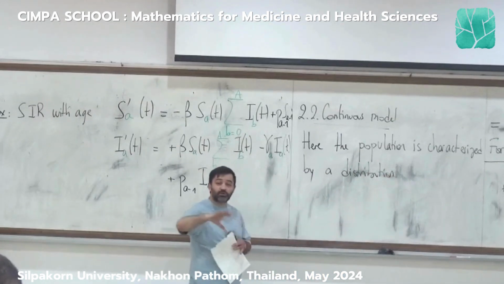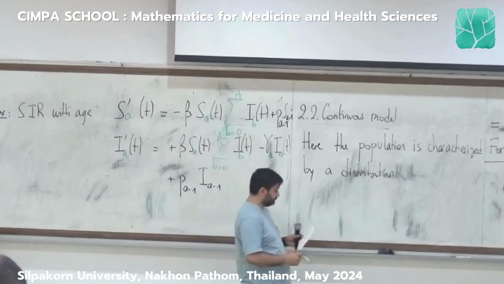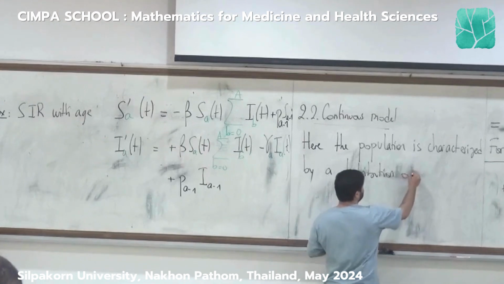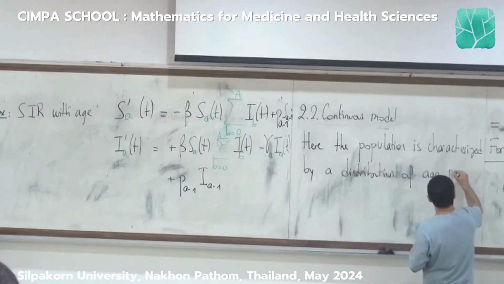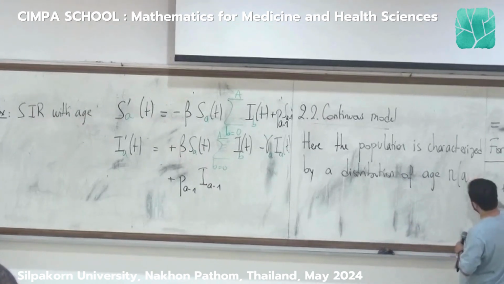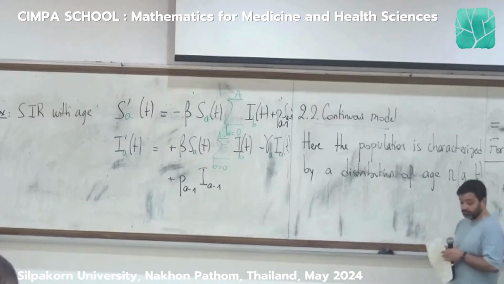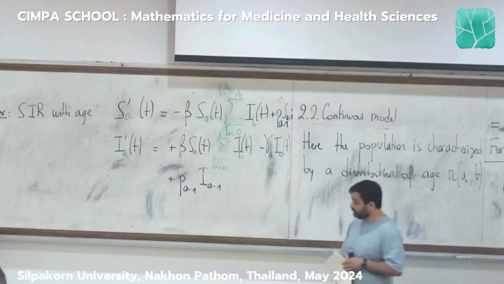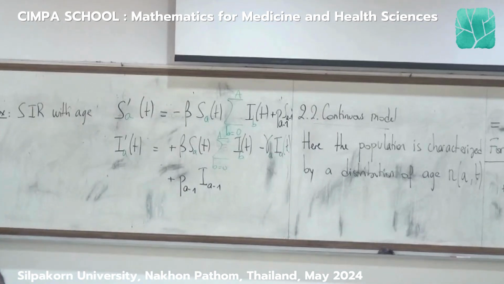For the space, we are talking about density; for the age, we are talking about distribution, the distribution of the age. So it's n of t and a. We have one variable, a, the age, and the second variable will be the time, as we have done for the space.